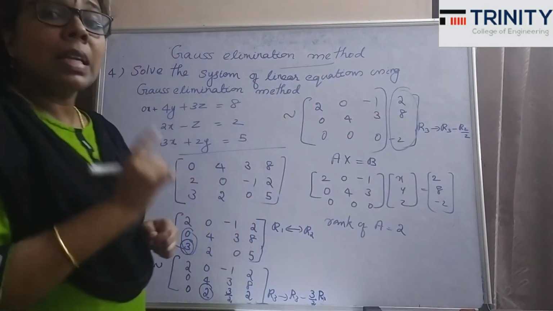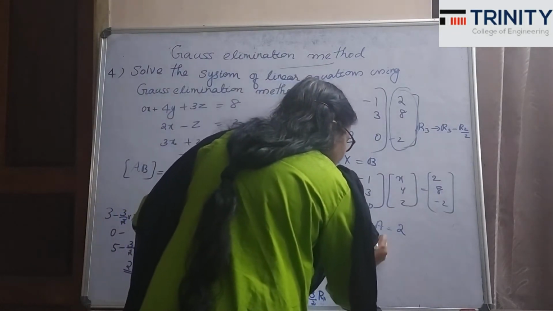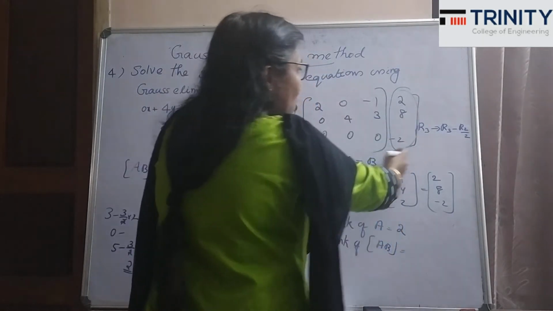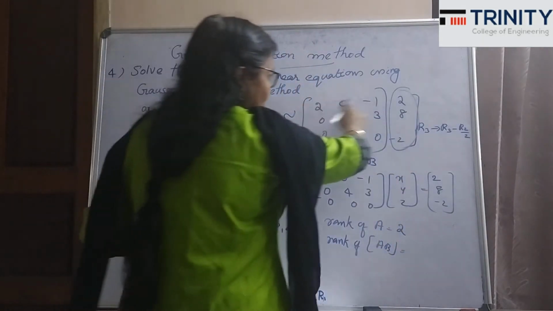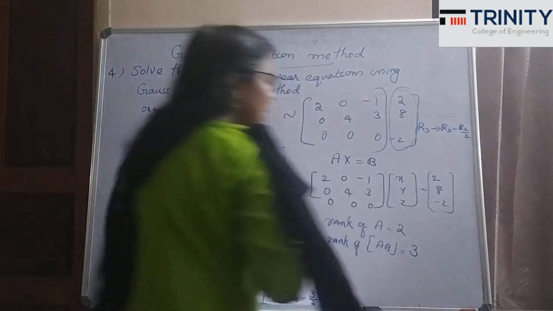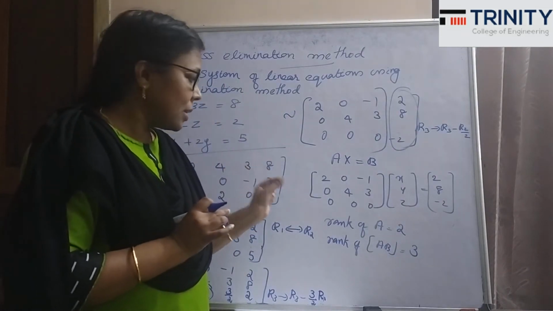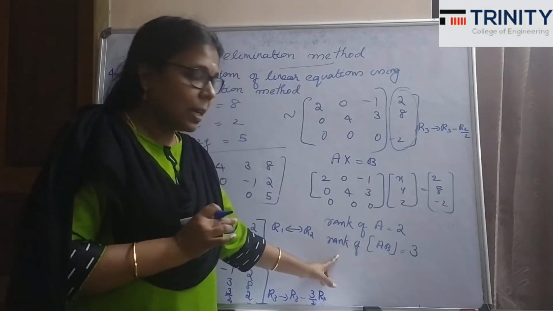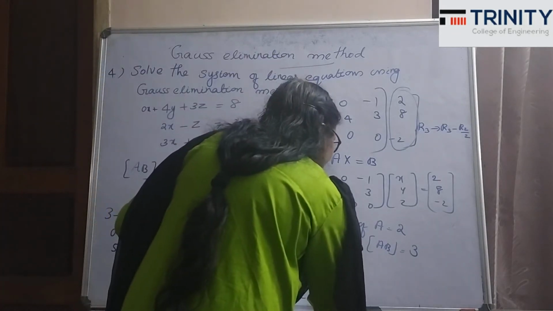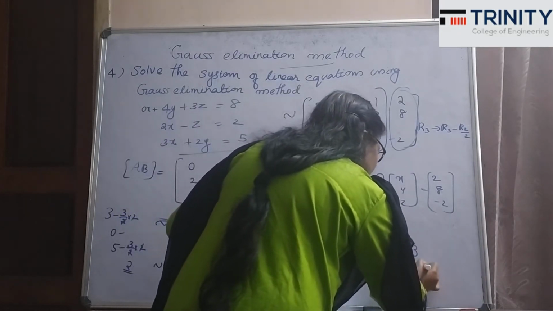Then what is the rank of the augmented matrix AB? Rank of the augmented matrix AB is the rank of the whole matrix, that is 3. Here rank of the matrix A equal to 2, but the augmented matrix AB's rank is 3. Rank of A not equal to rank of AB.